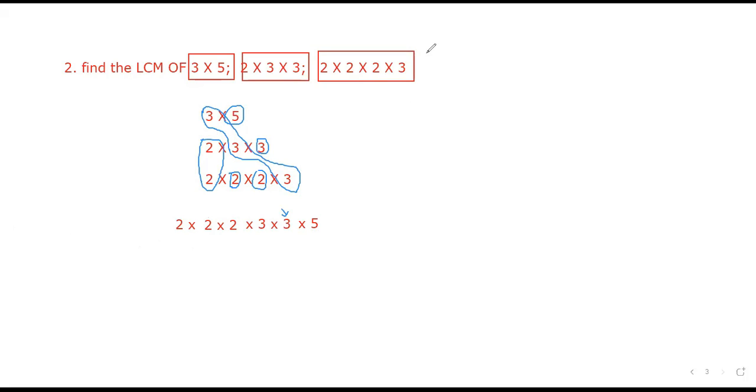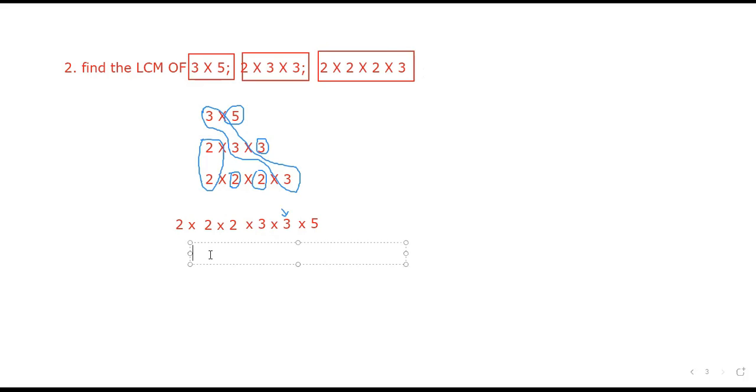Now, the question says that we should leave our answer in what? Leave your answer in prime factors. So this is the answer if we leave it in prime factors. We can also leave our answers in index form, like I've said earlier.